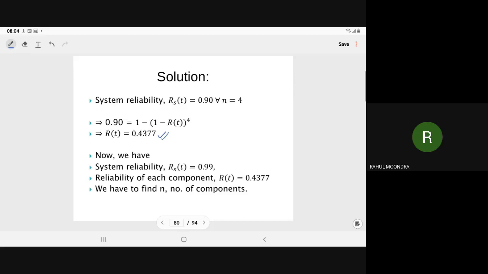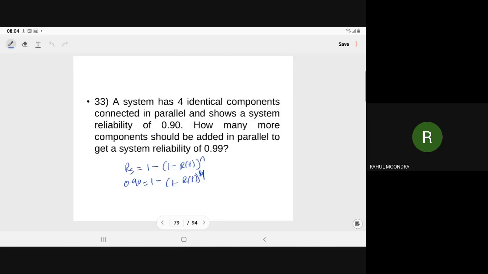Now we want to increase the reliability to 0.99. This reliability we have computed for the component as 0.4377. The question is how many more components we require. First we have to compute how many components we require, then we can compute the increase.